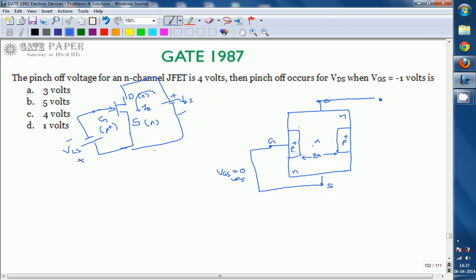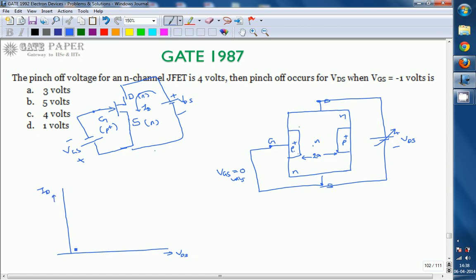Now if you apply a drain to source voltage VDS, increasing from 0 onwards, initially as VDS increases, current increases. These are the drain characteristics, which are VDS versus ID.